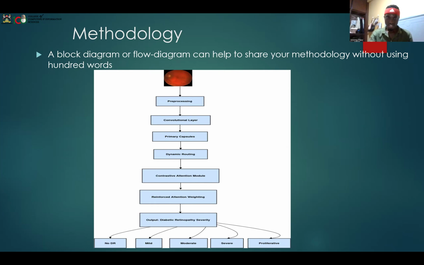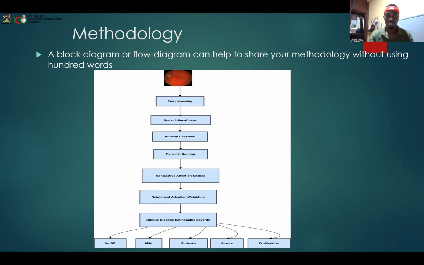Here in the contrastive attention model, we have spatial relationships, and we also have something that we call feature discrimination. Feature discrimination is important in avoiding false positives, since it is very crucial not to have false positives in this field.